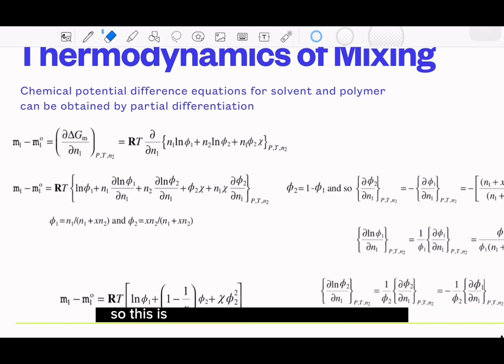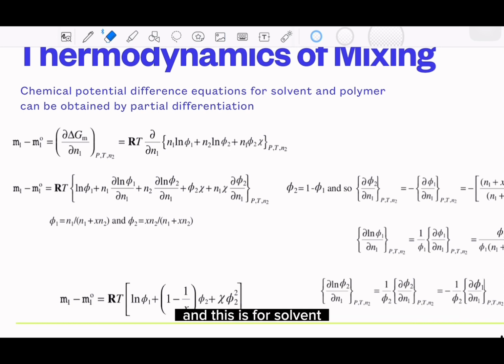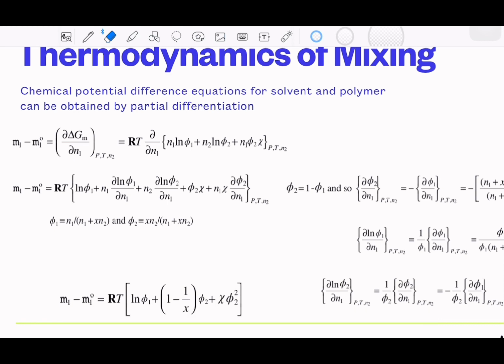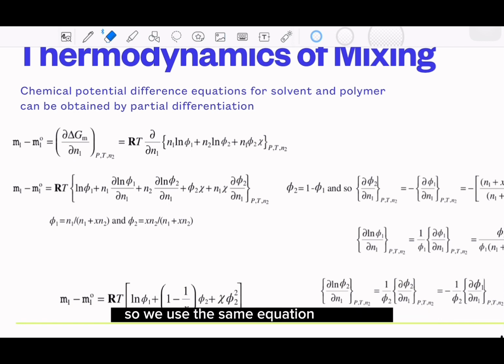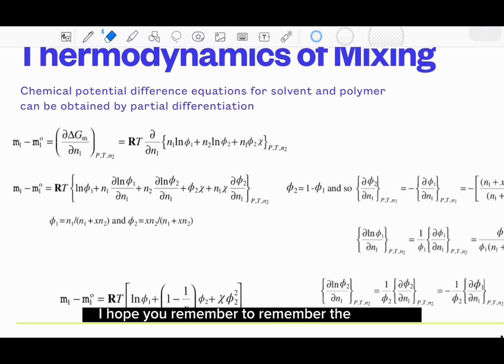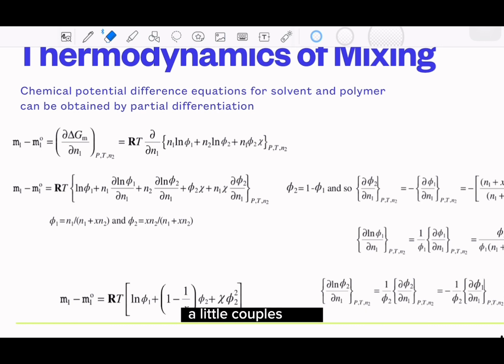So this is the chemical potential for the polymer, and this is for the solvent. Okay. And the definition is the partial derivative with respect to N1 of the Gibbs energy. So we use the same equation as before, and then we describe it in the partial derivative. I hope you still remember the calculus. So a little bit of calculus here.